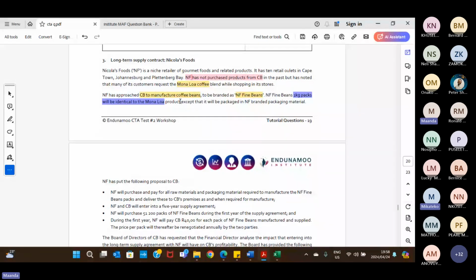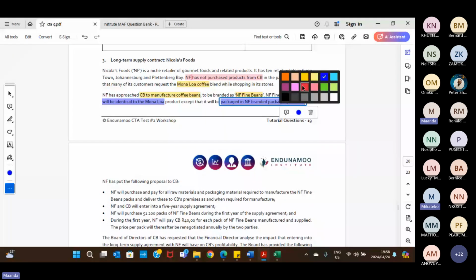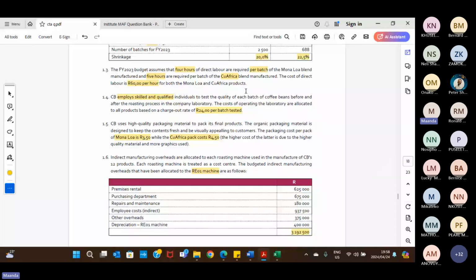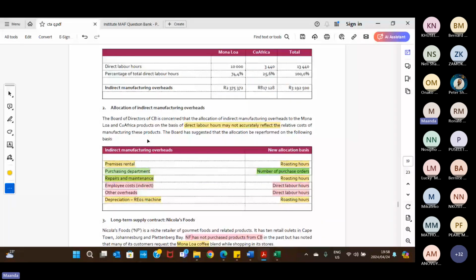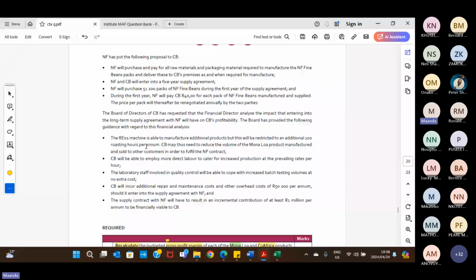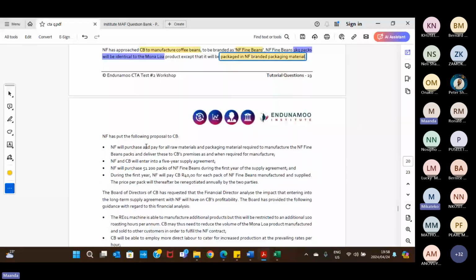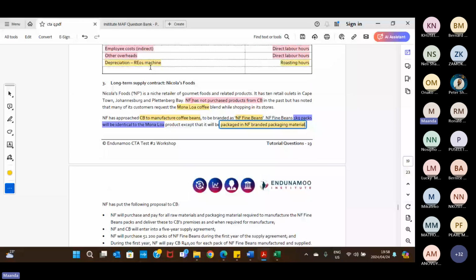Except that it will be packaged by NF branded packaging material. So everything is the same besides the packaging. Remember, we cost 350 for packaging our things, but now we're going to package it using NF branded packaging material. So already here I can think of a lot of considerations that I can talk to.